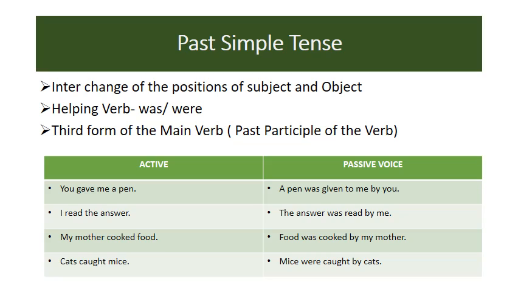You can see some examples here. "You gave me a pen." "A pen was given to me by you." "I read the answer." "The answer was read by me." "My mother cooked food." "Food was cooked by my mother." "Cats caught mice." "Mice were caught by cats."